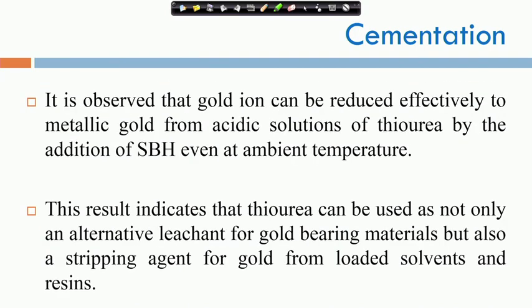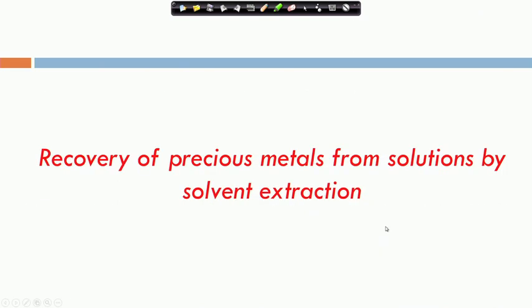It can be reduced effectively to metallic gold by addition of sodium borohydride at ambient temperature. Thiourea is an alternative leaching agent for gold-bearing material, but also a stripping agent for gold from loaded solvents and reagents. Thiourea works well along with cementation for recovery of gold from electronic waste. So that is in terms of looking at how to get the precious metal out from the solution.